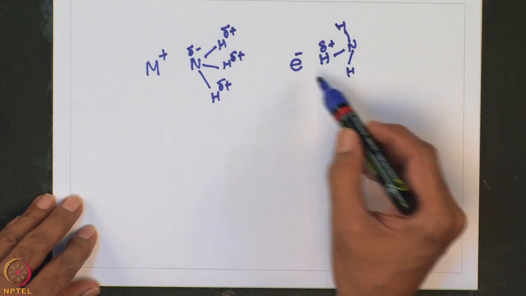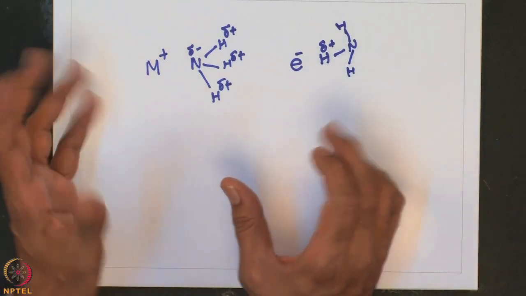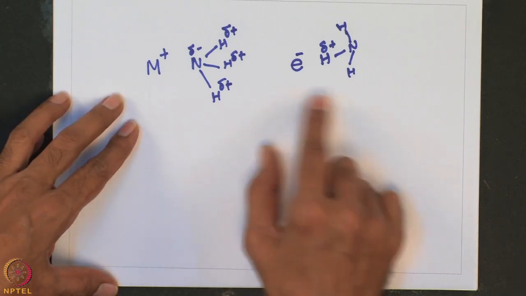So, you can see the direction. Both complexes are there, involving M plus with ammonia and electrons with ammonia.